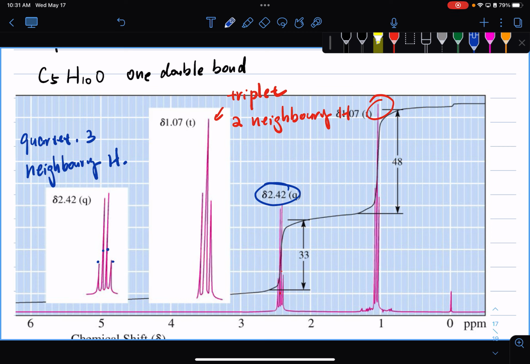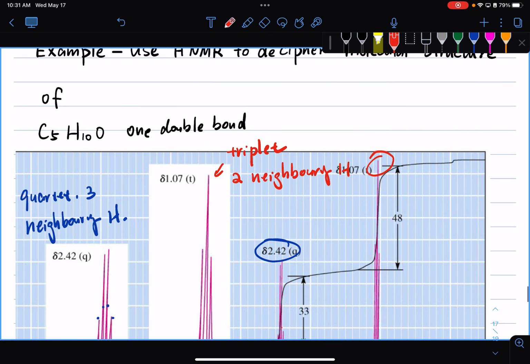So now it becomes quite straightforward. For this peak, you have 2 neighboring hydrogens. For this peak, you have 3 neighboring hydrogens. So if I write it out, they are neighbors to each other. We only have 2 peaks in my molecule. What we have is, I don't have enough space, a carbon with 3 hydrogens that is neighboring to a carbon with 2 hydrogens.